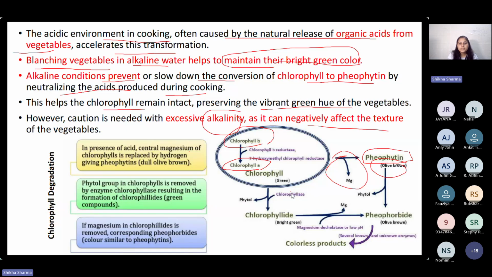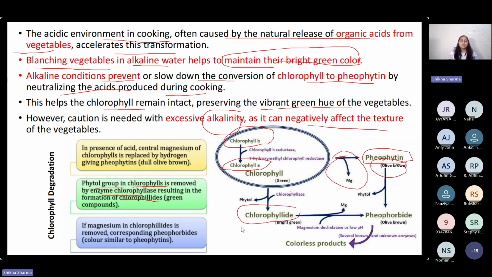The second option is that we can convert chlorophyll into chlorophyllide, which is a more stable form. The phytol group present in chlorophyll is removed by the enzyme chlorophyllase, and it produces chlorophyllide, whose color is bright green.